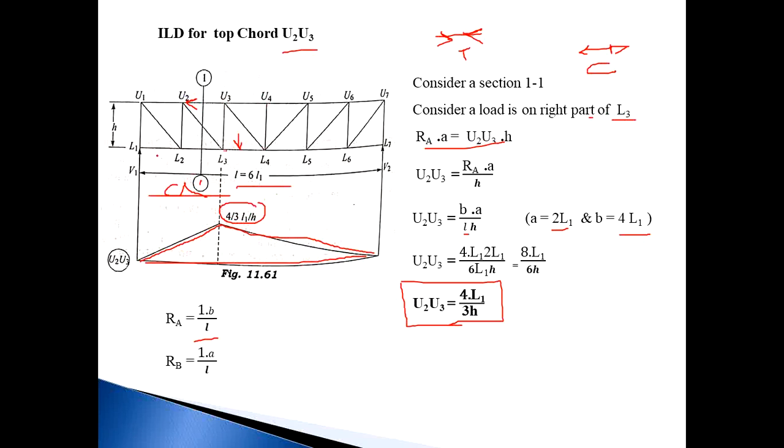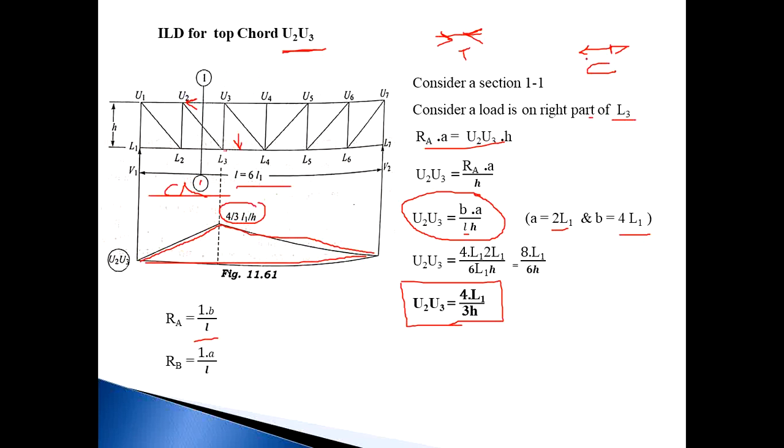Now in this condition A will be 3 L1 and B also 3 L1. By varying the A and B values, you can easily find any kind of ILD for a top chord, because this is a standard condition. So this is the solution for ILD at top chord U2U3.